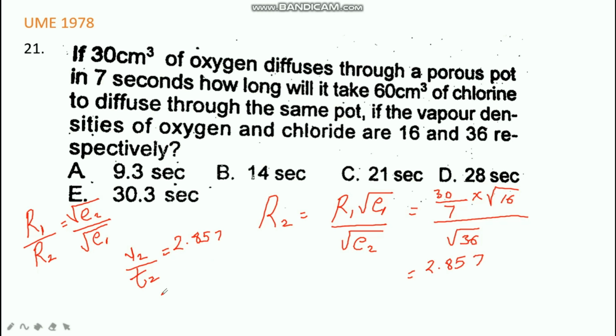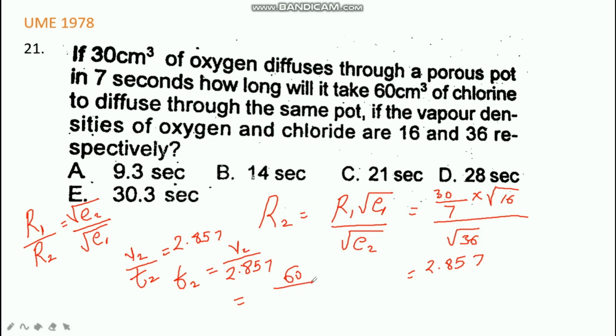So we've got that. Then if we make T sub 2 the subject of the formula, that is going to be V sub 2 divided by 2.857, and V sub 2 is 60.